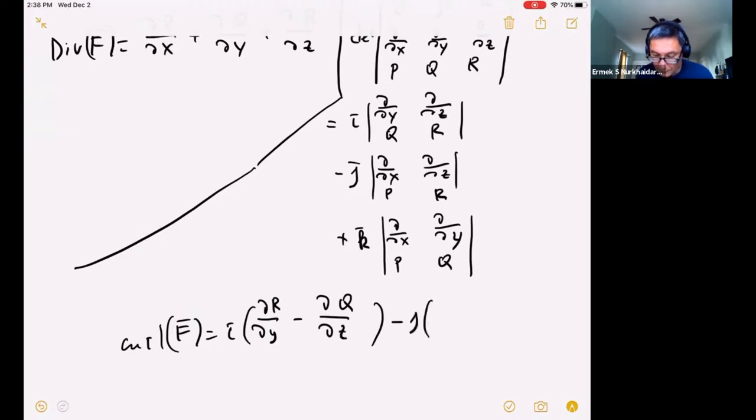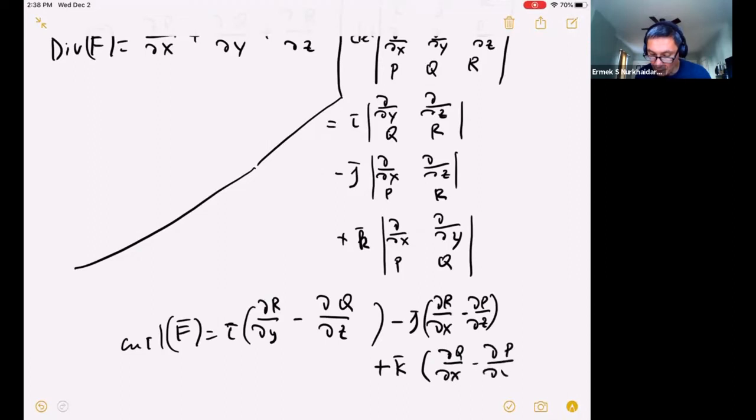Minus j, derivative of R with respect to x, minus derivative of P with respect to z. Plus k, derivative of Q with respect to x minus derivative of P with respect to y. So that's the formula for curl.